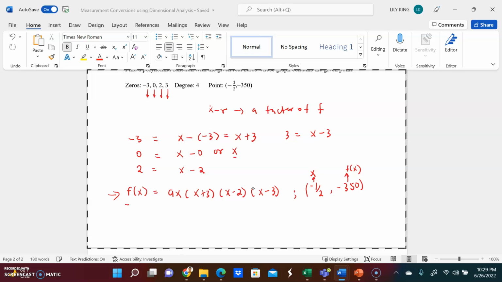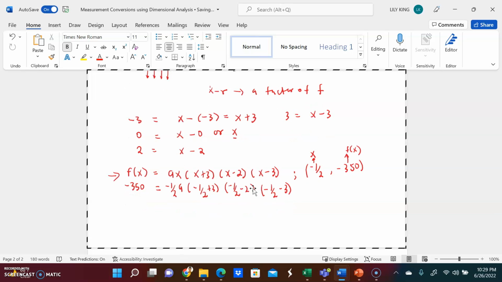We're going to substitute these values into this equation and solve for a. So we have -350 equals -1/2 times a times -1/2 plus 3, -1/2 minus 2, and -1/2 minus 3.